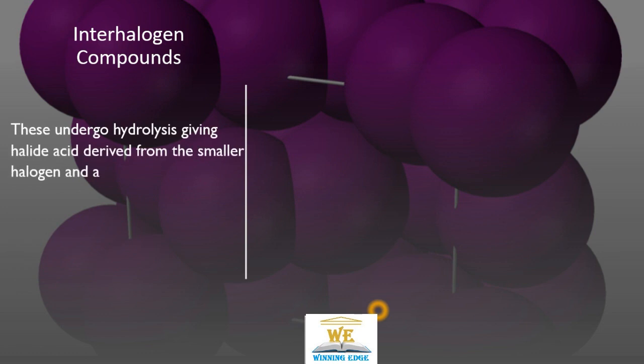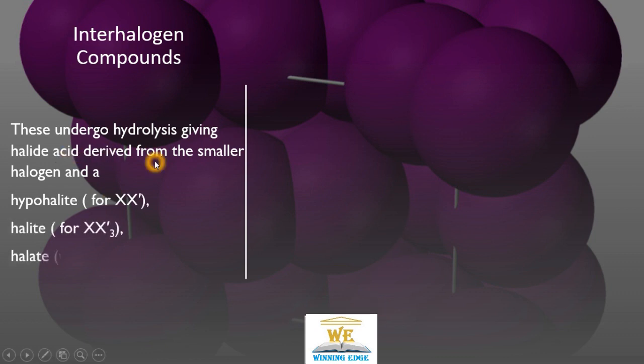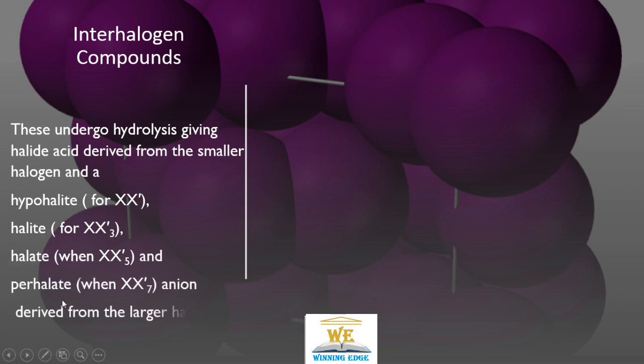These compounds undergo hydrolysis, giving halites as well as the acids, and we are getting hypohalite, halite, halate, perhalate. Like these, we get the smaller halogen as the halide and the hypohalite.